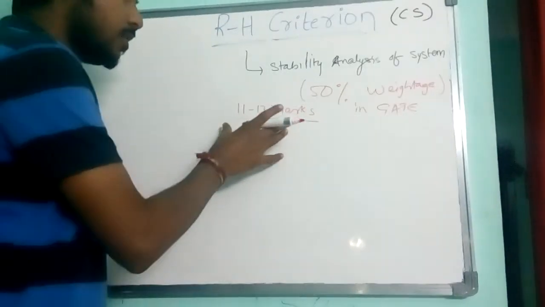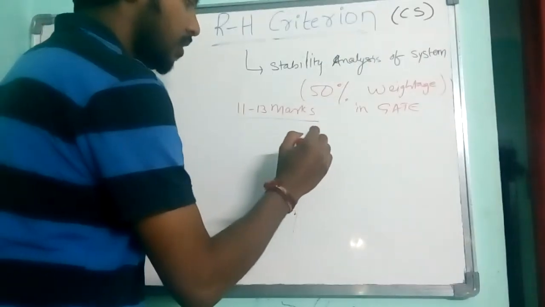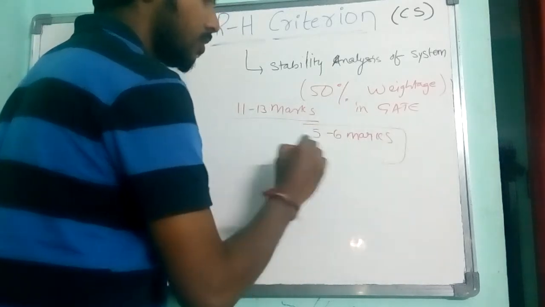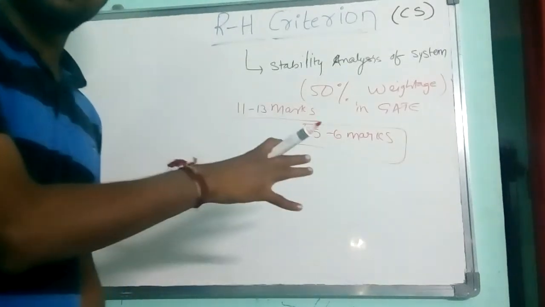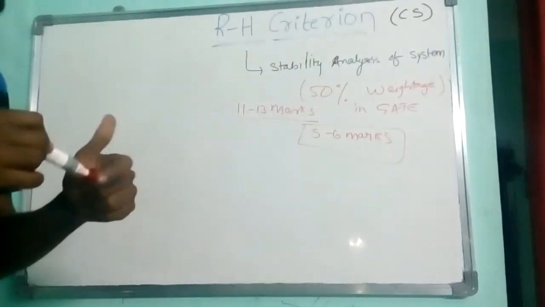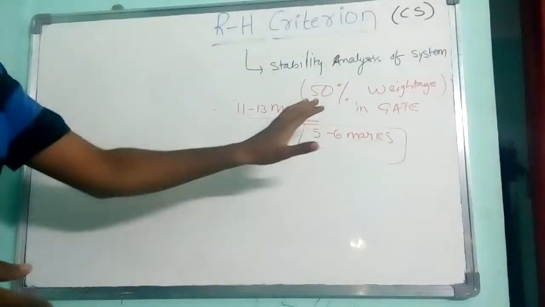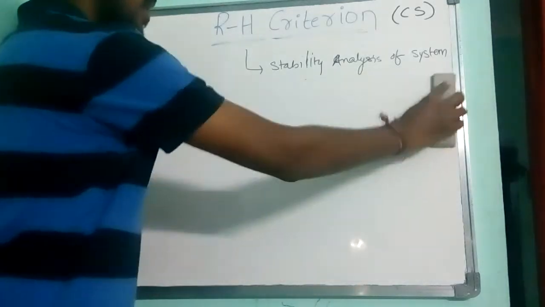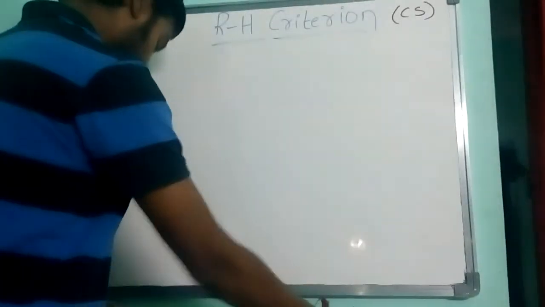If we concentrate on the stability analysis of the system, we get 5 to 6 marks easily. The other 5 to 6 marks depend on the time response of the system, which we will do later. The easiest and simplest topic in control systems is the RH criterion, which comes under stability analysis of the system. I don't want to waste time on the introduction, so we'll get into the topic directly.